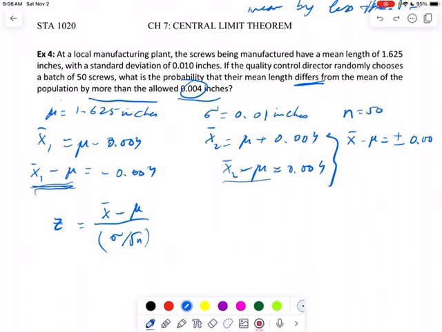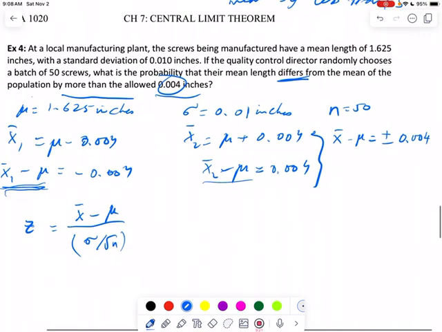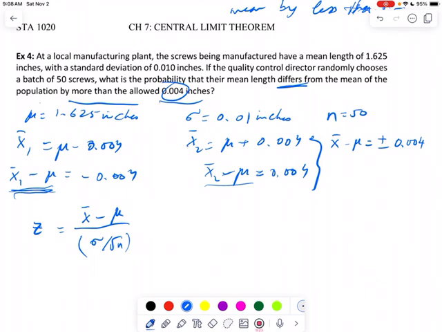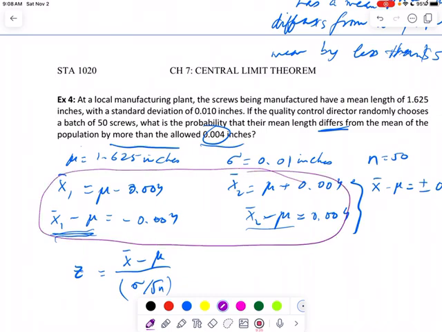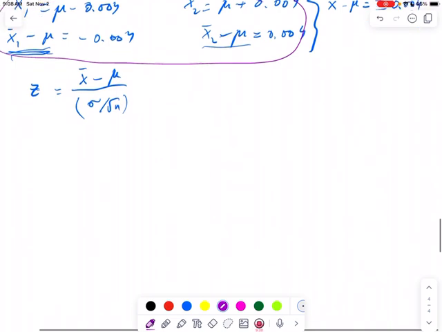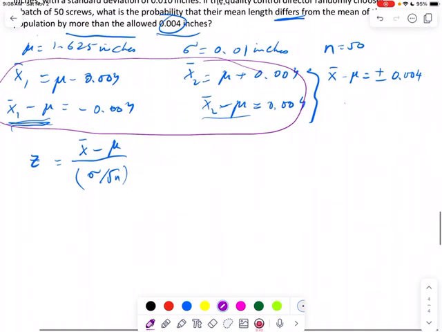So now when I calculate the z, I don't have to do all this. You can just write that it differs from the mean, x bar minus mu equal to plus minus 0.004.